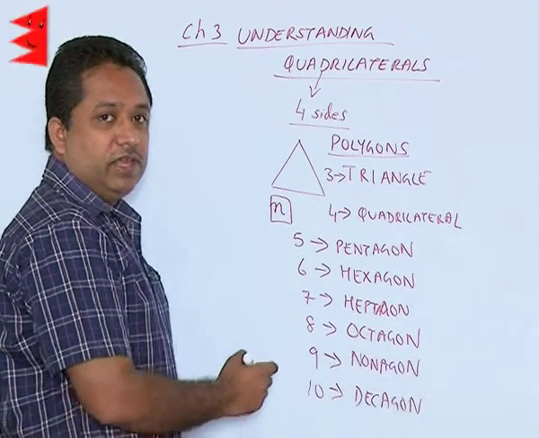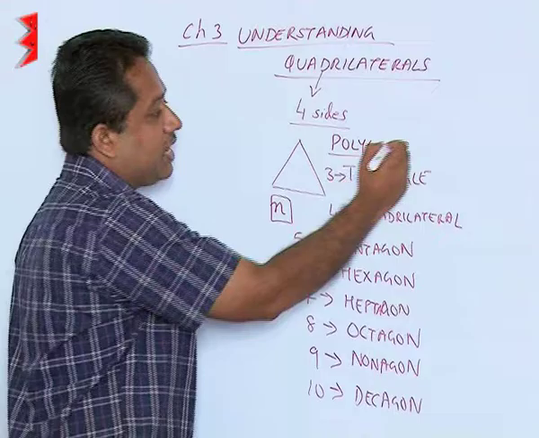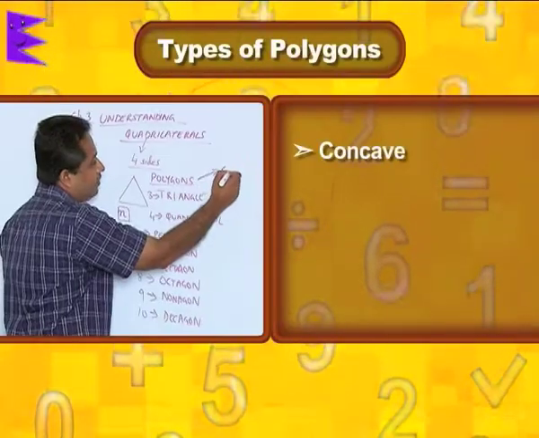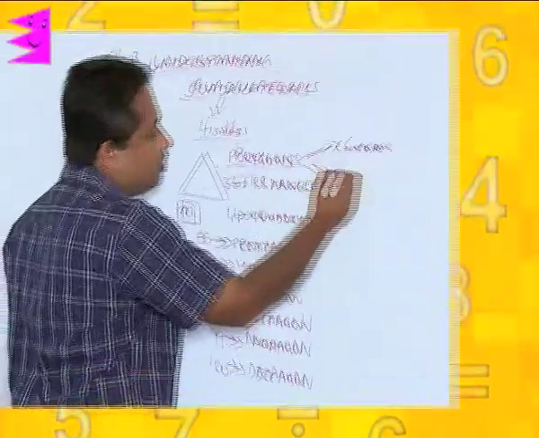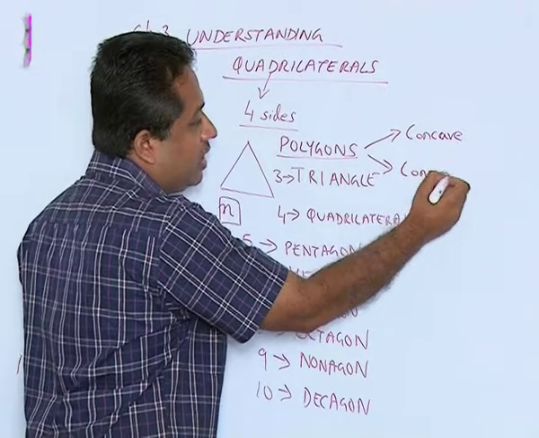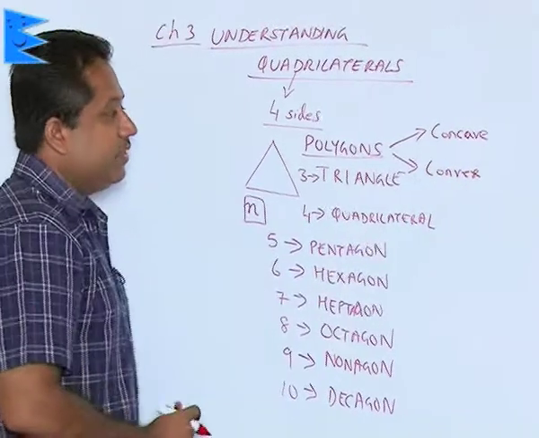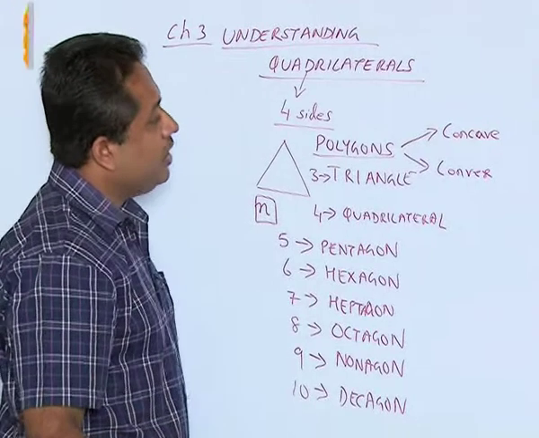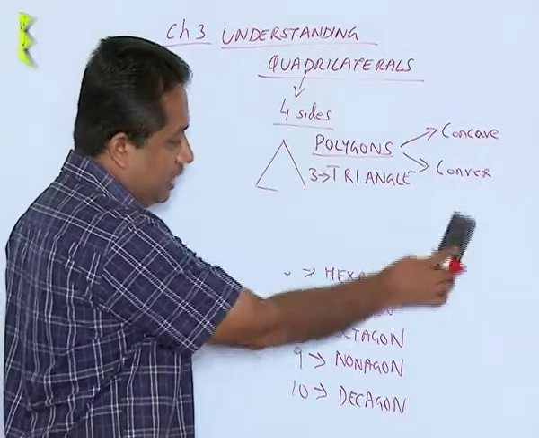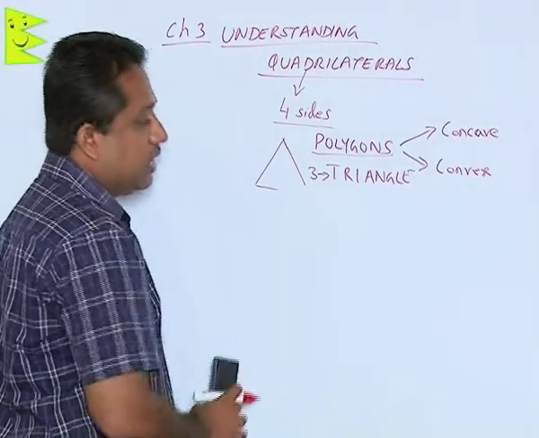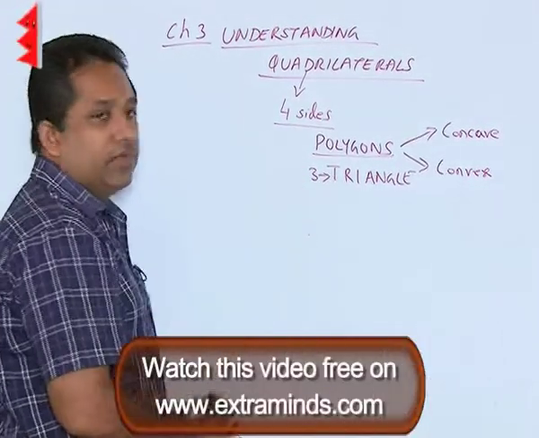Now, basically we can classify polygons as either concave or convex. Now, how do we distinguish between concave and convex polygons? The simplest way to distinguish between a concave and convex polygon is by drawing a figure and then constructing the diagonals of the figure.